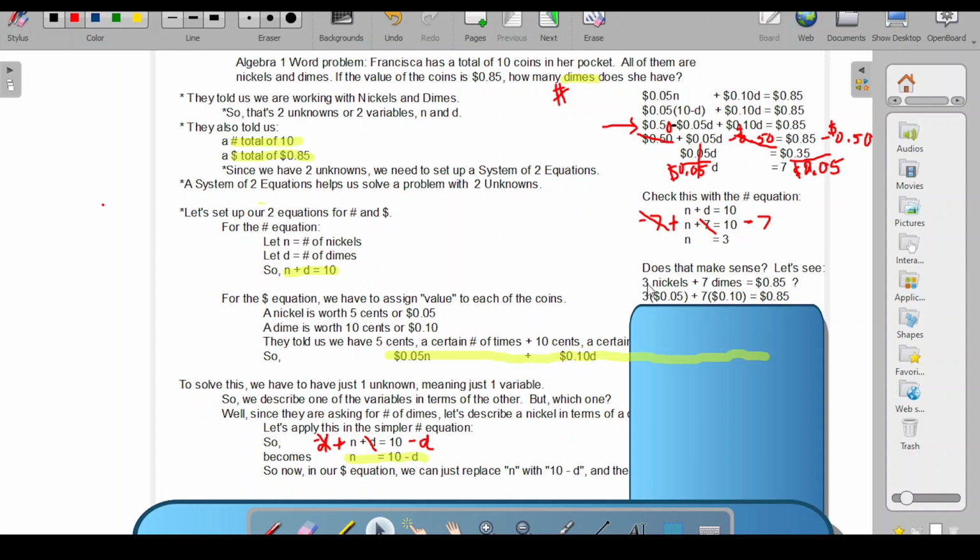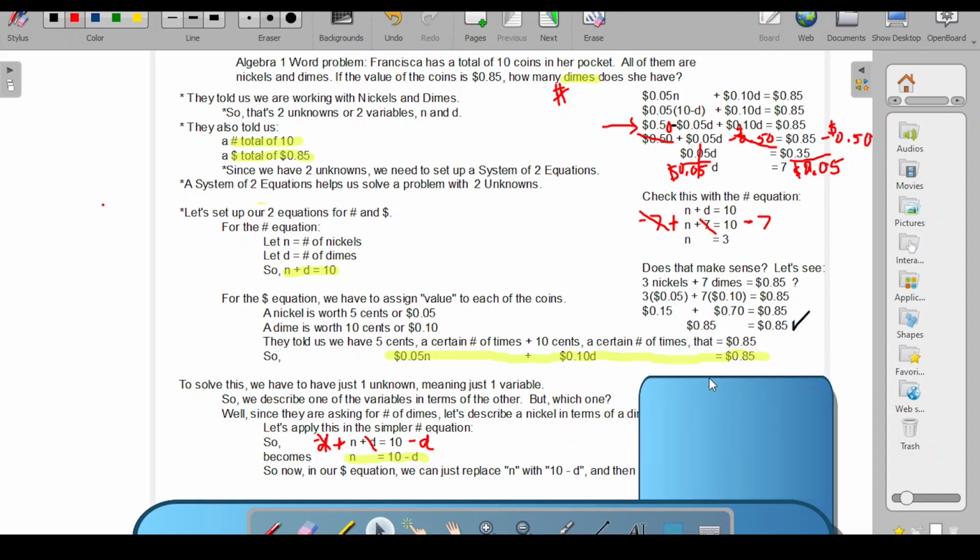So it's like this is the n now, and this is the d. We replaced them. Plus 7 dimes, a dime is worth 10 cents. Does that equal 85 cents? Well, let's see. 3 times 5 cents is 15 cents. 10 cents 7 times is 70 cents. Does 15 cents plus 70 cents equal 85 cents? It sure does. So it looks like we got the right answer.